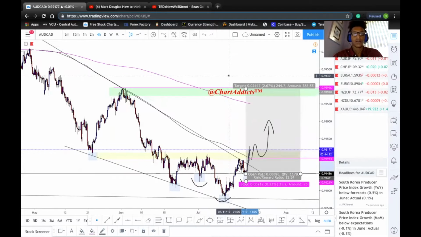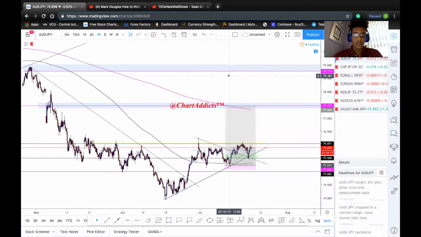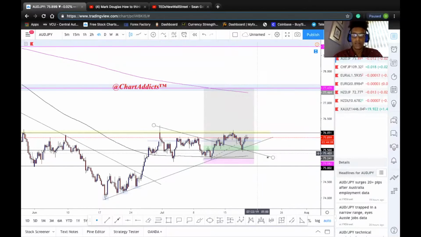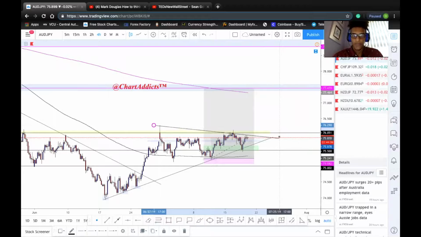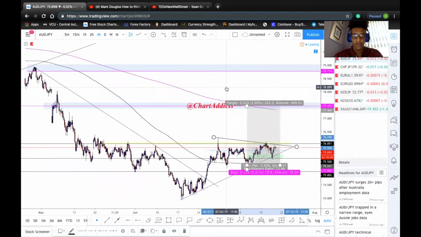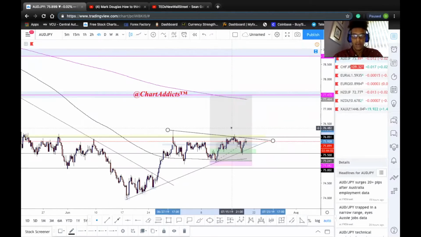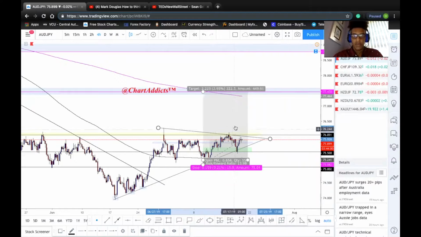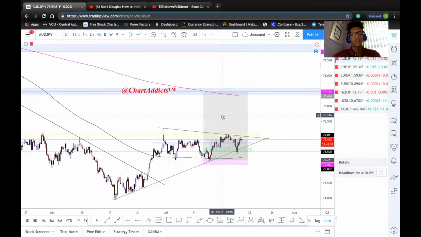So that's AUD CAD. AUD JPY still in profits, we're still holding, TP about 200 pips. If price does break above and retest, we can look for more entries to continue this drive. So we are at that phase with AUD CAD, but not yet with AUD JPY.